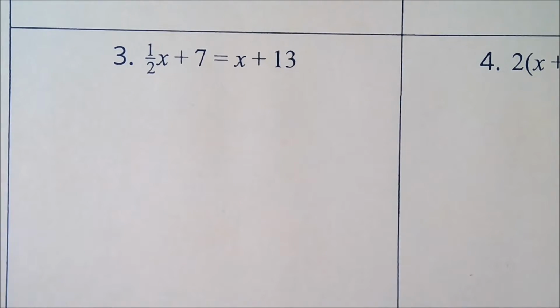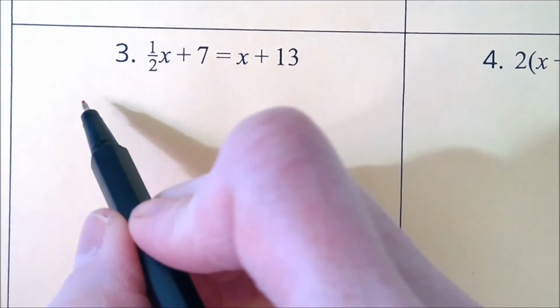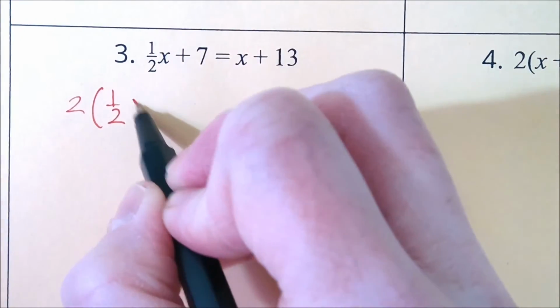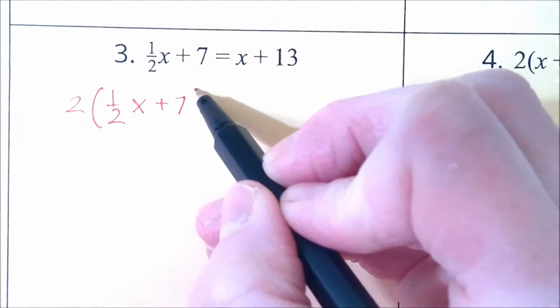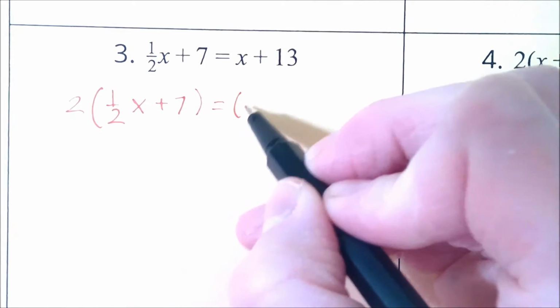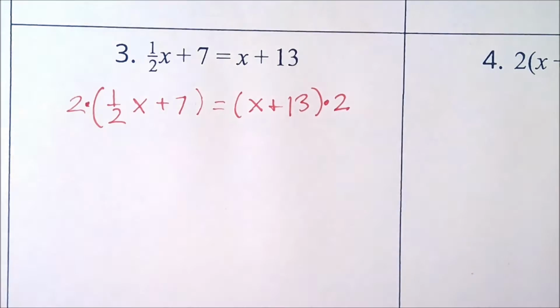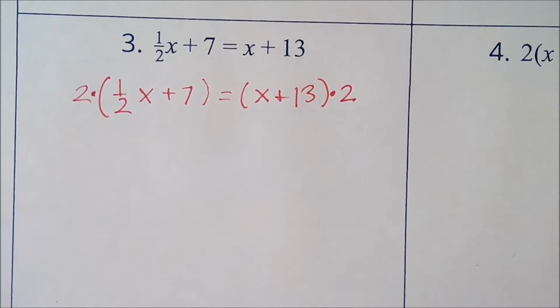But you have to remember, when we're multiplying on both sides, we have to multiply everything because the whole side gets doubled. So I'm going to multiply everything on the left and on the right by 2. So everything gets multiplied by 2. Everything on the left, everything on the right.